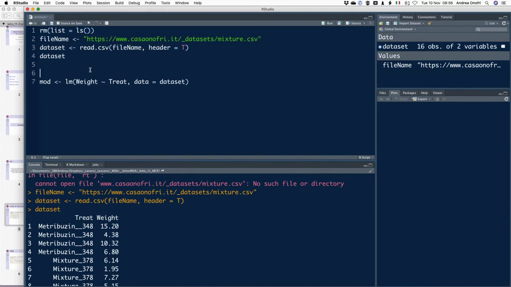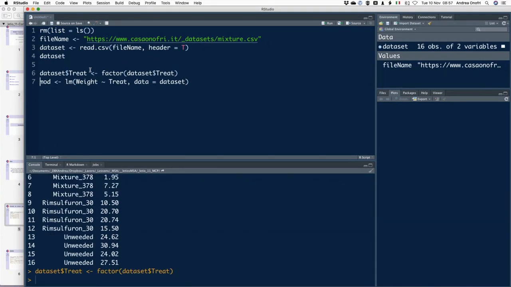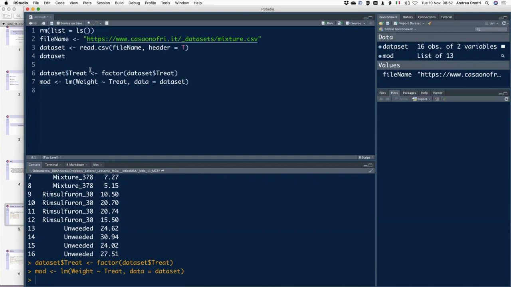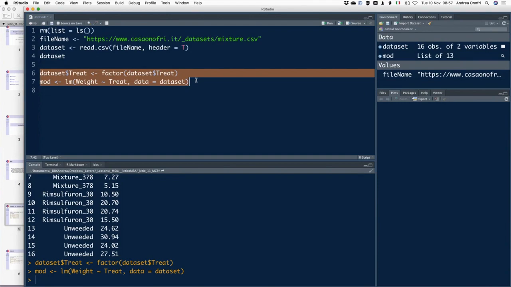That's not strictly necessary, but it might help us in some cases. We do this before fitting the model, and then we fit the model. We do not inspect the model, because we did that already. And today I want to concentrate on multiple comparison testing.